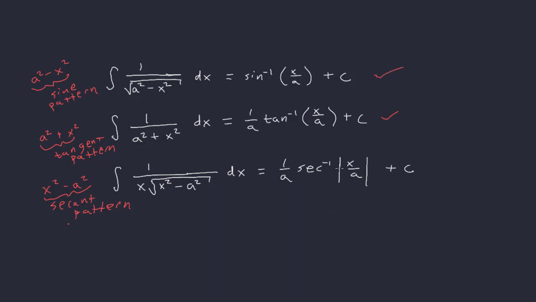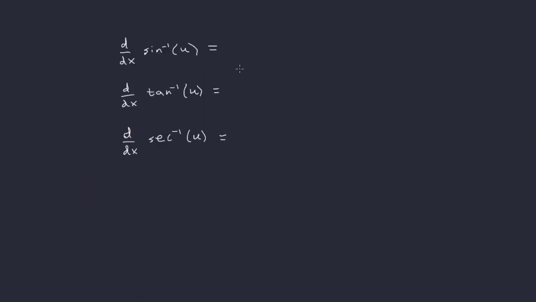Now that we have our rules, let's go through some examples and see how this works. Like before, u substitution still holds, the chain rule still holds for our derivatives, product rule, all of our rules still follow. We just have new rules to deal with. Before we get to examples, I want to give you a quicker way to deal with the chain rule.